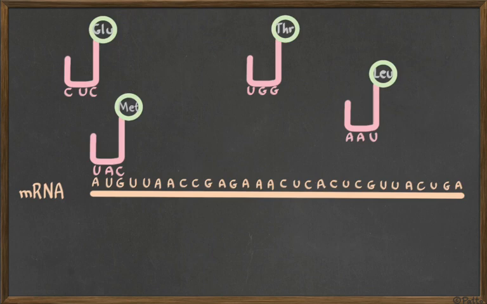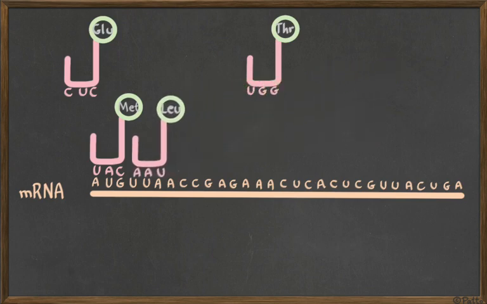After that, we have a UUA. What pairs up with UUA? So take a look around and say, okay, what pairs up with UUA? AAU. They pair up over there, and then inside the ribosome, a peptide bond is made here, and now we have a dipeptide.